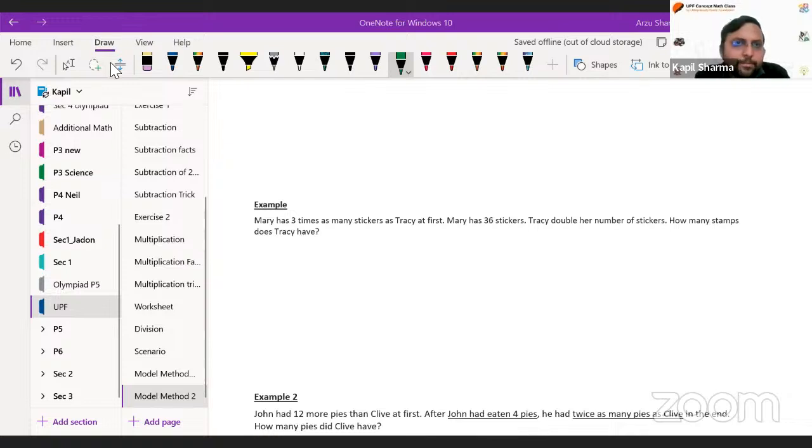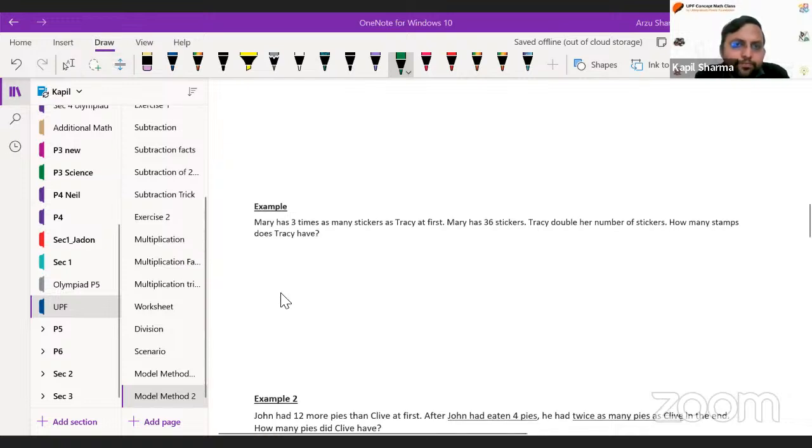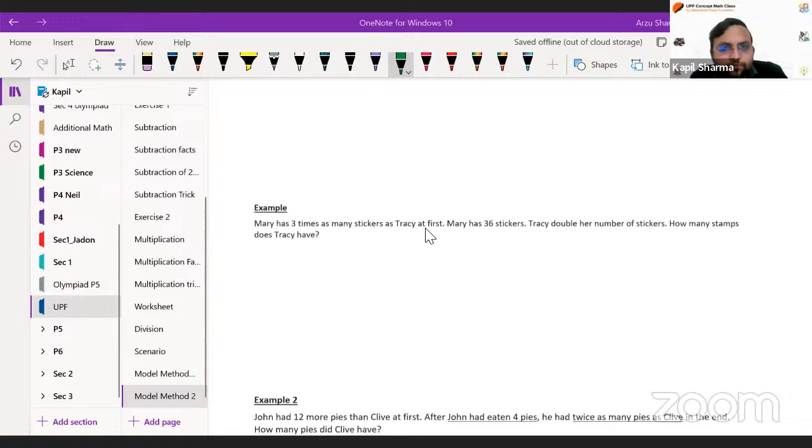Now try this one. Mary has 3 times as many stickers as Tracy at first. And Mary has 36 stickers. Tracy doubles her number of stickers. How many stickers?